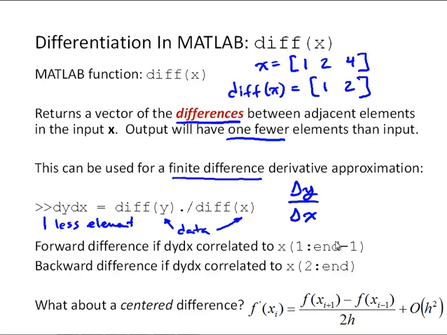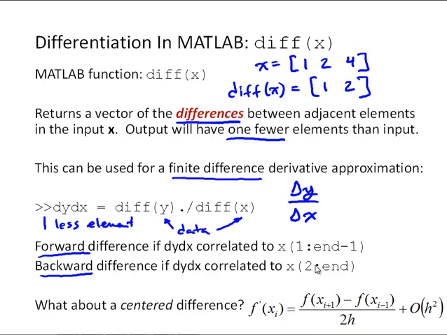If you correlate the values to the second through last elements of x, then we're calculating a backward difference. So this calculation is either a forward or a backward difference, just depending on where you correlate the results to, whether they're looking forward or backward in calculating those differences.